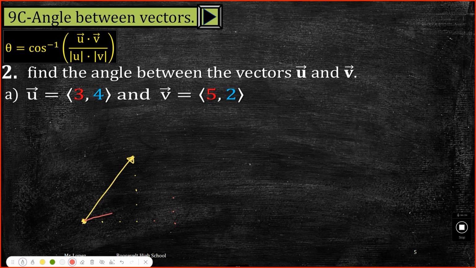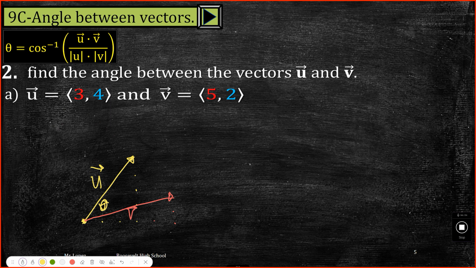And so here's vector v. And so we want to know what this theta angle is. It looks acute. It looks small. So we should get a small one.